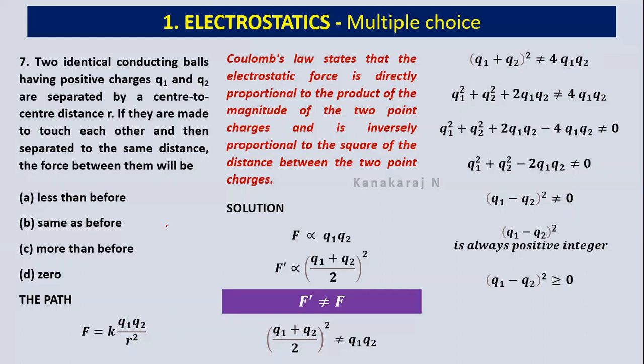Suppose Q1 equals Q2, then we will get definitely 0. But in our case, Q1 and Q2 are not the same. They have different values. Definitely Q1 minus Q2 whole square will be greater than 0. So I can confirm here that the left hand side is greater than or equal to the right hand side. So we go with the option F prime greater than or equal to F. So the right option is option C, more than before.